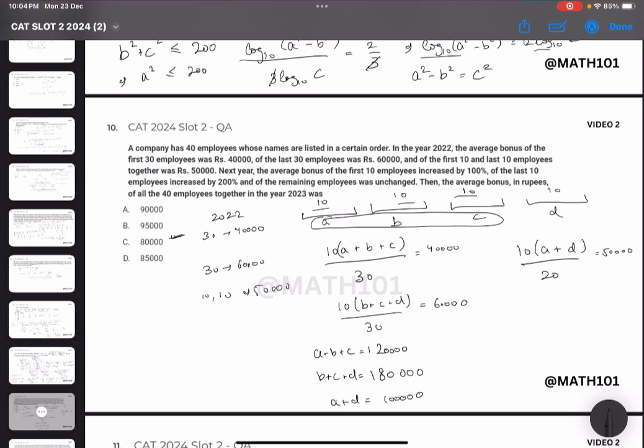Now, when the average bonus of the first 10 employees is increased by 100%, the first 10 employees will get a bonus of 2A, next 10 will still get B, next 10 still get C, and the last 10 employees increased by 200%. That means the new bonus is 3 times the previous bonus.